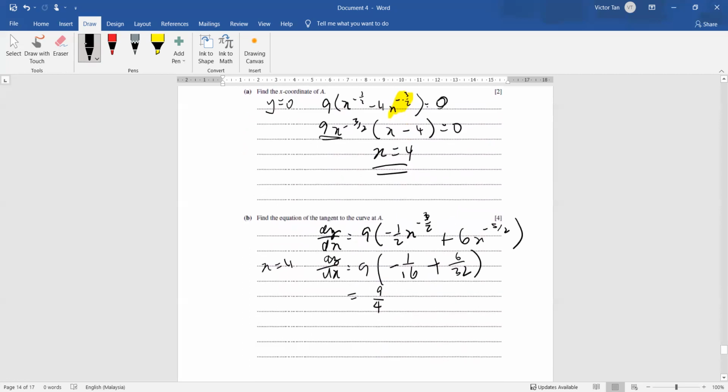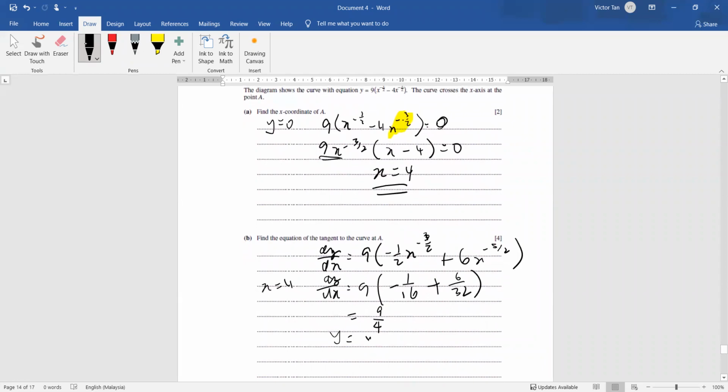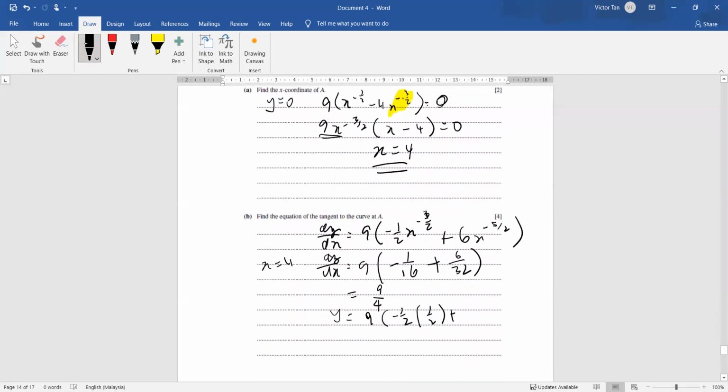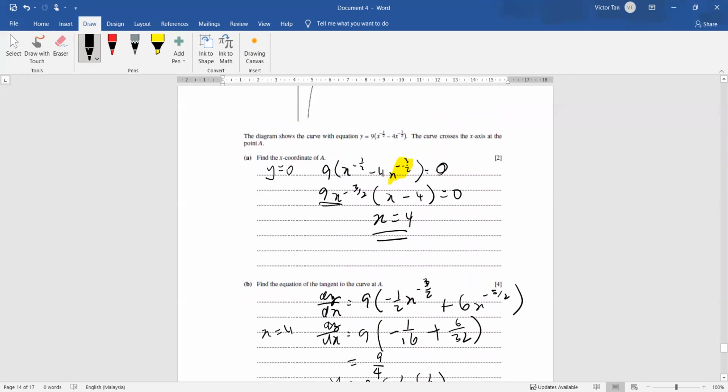So in x equals to 4, y is... 4 to the power minus half is 2. Plus, it's not plus, it's minus. Okay, this is not minus. There's no half. Get myself mixed up sometimes.